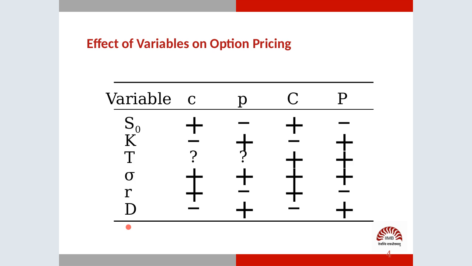Because the original prices are different, American option prices are always more than the European option prices. Let's say the European option price was $10 and the American option price was $15. When it moves up, the European option price from 10 may move to 12, but the American option price from 15 may move to 20, or vice versa.